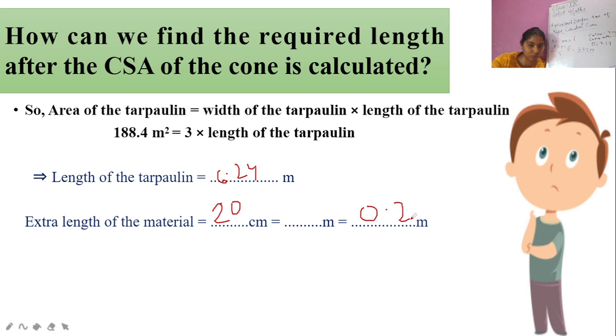Okay, so we will use this actual length which is given to us, which is 6.24, so add it. So 6.24 plus 0.2, what we get? 6.44 meter. So this is the required length for this trampoline. Okay, so now students, please do this question and tell me the answer.